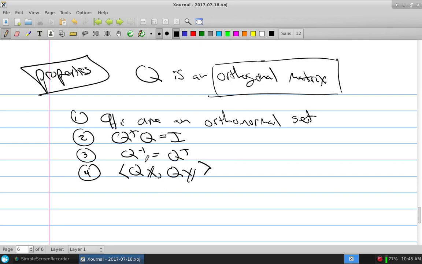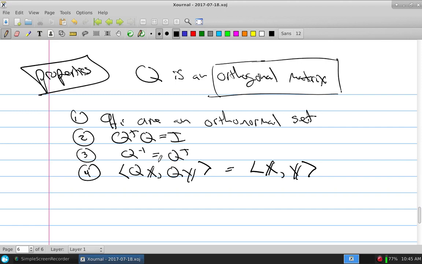So QX is a transform and QY is a transform. If this is true, it ends up being just simply X, Y. So that tells you that angles and lengths are preserved by orthogonal matrices.